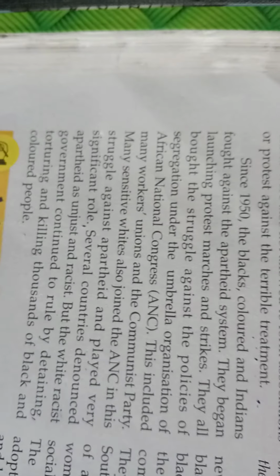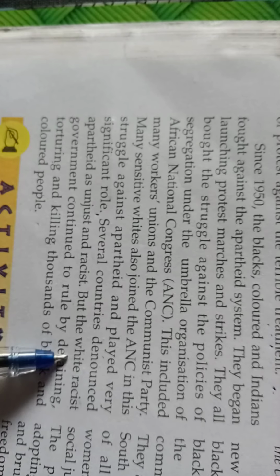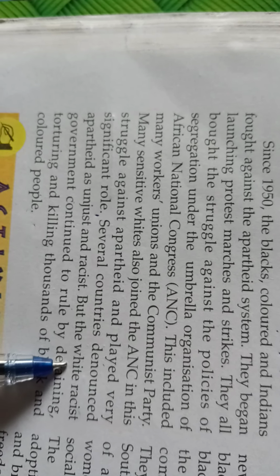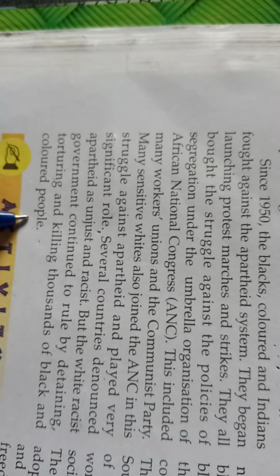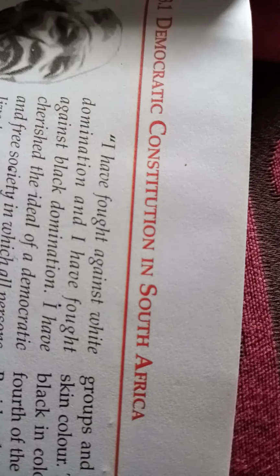So you can see how much struggle was done by the black people, and how much sacrifice they made. So we are completing only these two headings in this video. First is the democratic constitution in Africa, the statement of Nelson Mandela against the apartheid policy.